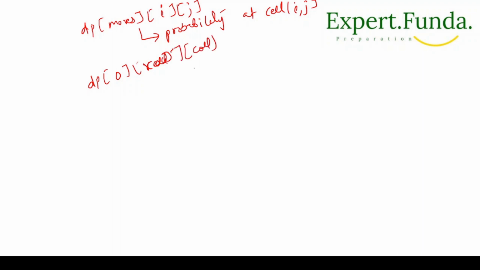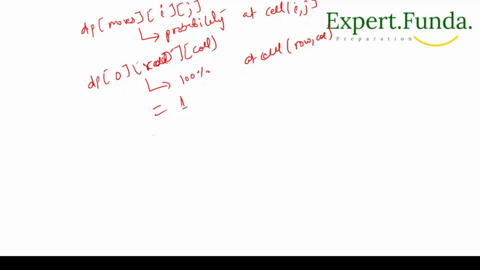Here the probability is 100%, and that's why it is giving 1. The cell name is row and column, and that's why all other cells have probability 0.